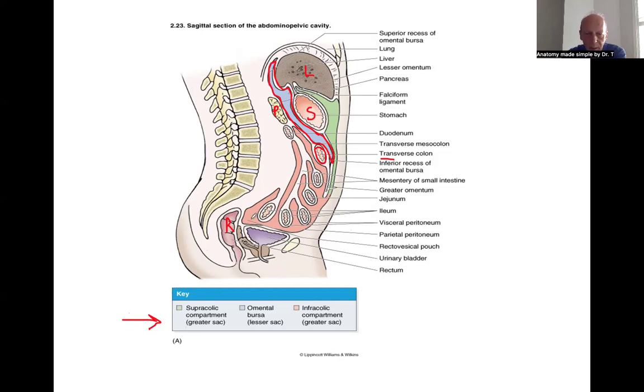If I do it here, let's say this is part of the parietal peritoneum covering the posterior abdominal wall. Then it has to go off and away from the abdominal wall and keep moving towards multiple coils of the small intestine, going back and forth.